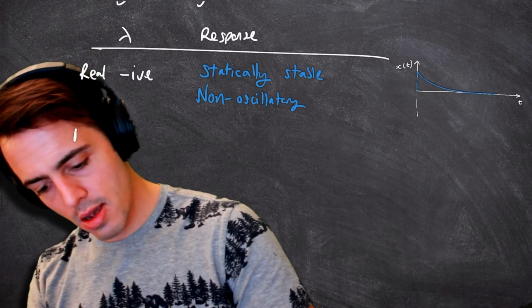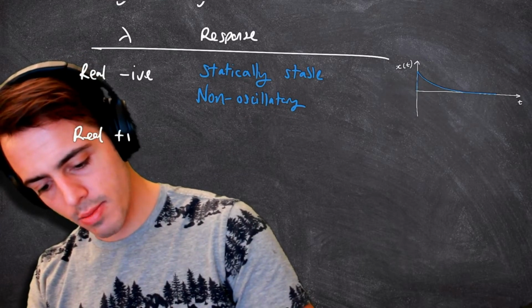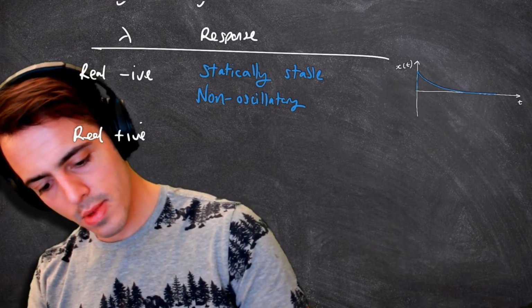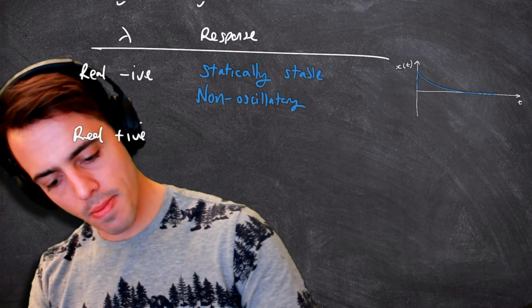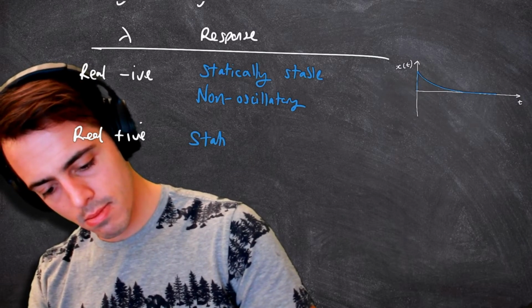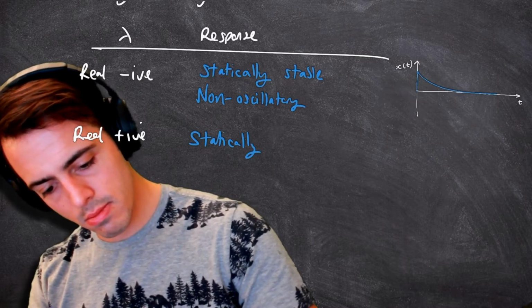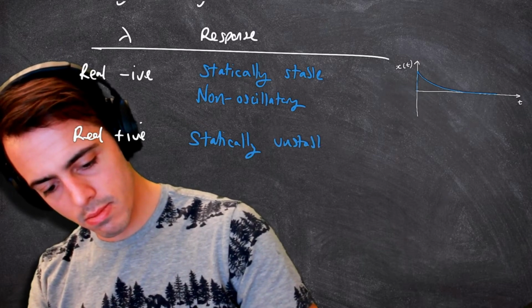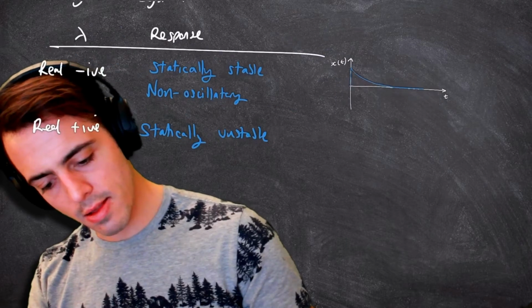We've got a real and positive root. Then this is statically unstable. And this is still non-oscillatory.